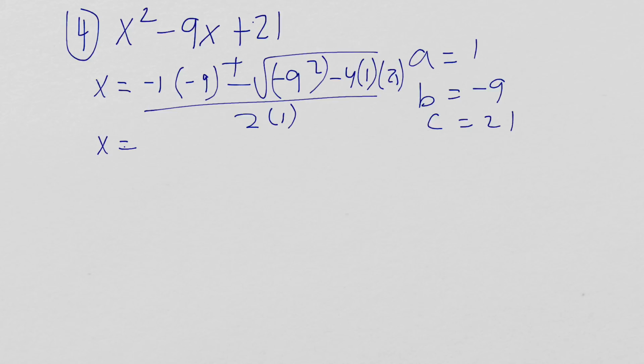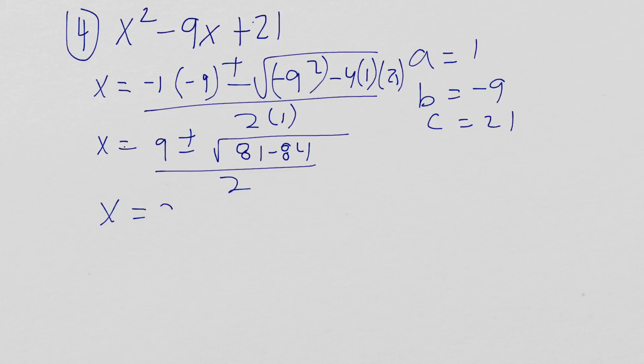X is equal to positive 9 plus or minus the square root of 81 minus 84 divided by 2. X is equal to 9 plus or minus the square root of negative 3 over 2.